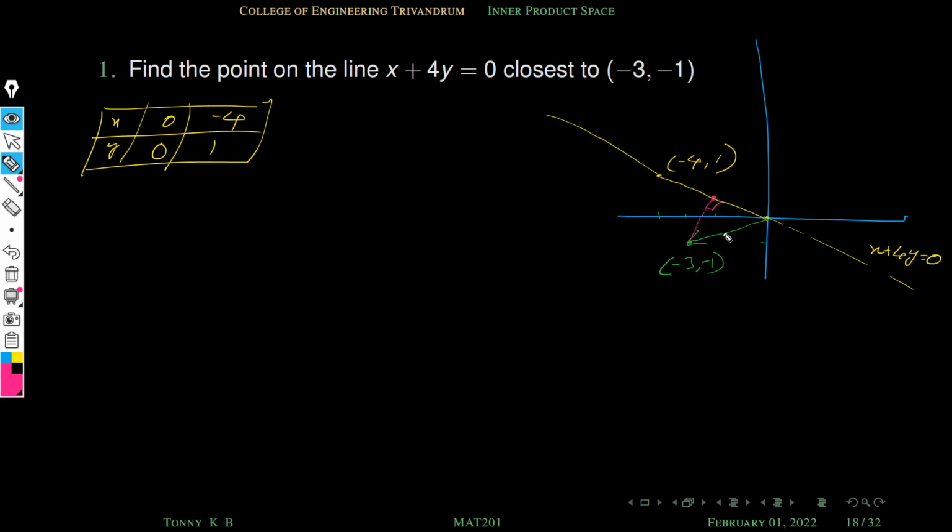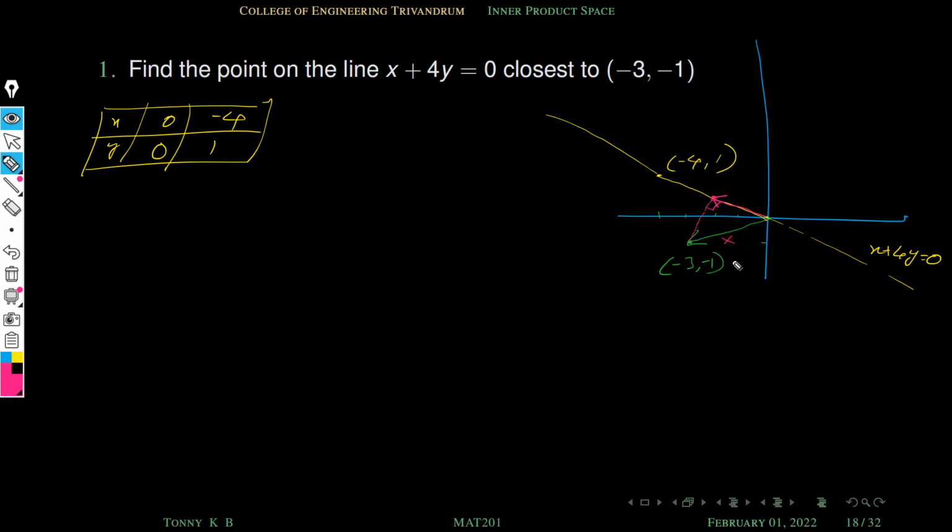And we know that with respect to the term projection, suppose you know this vector, and then this is the point closest to this one on the straight line. So that is the projection of which vector? Yes, it is the projection of this vector.